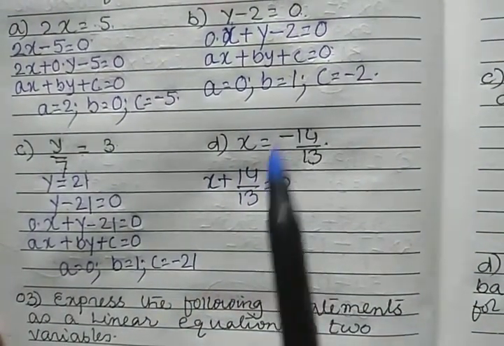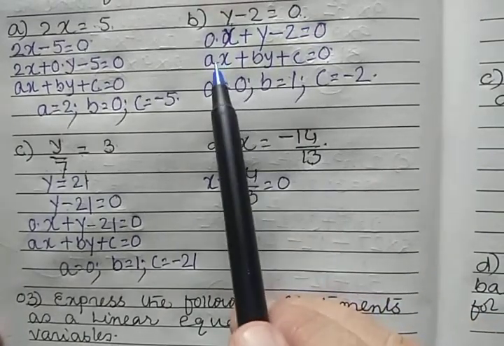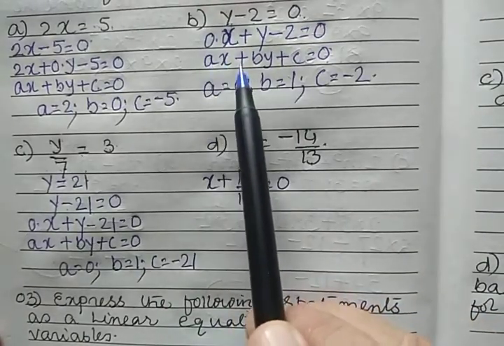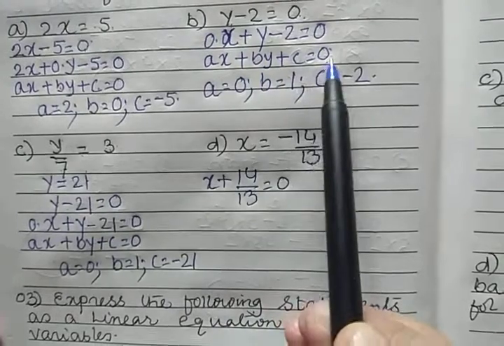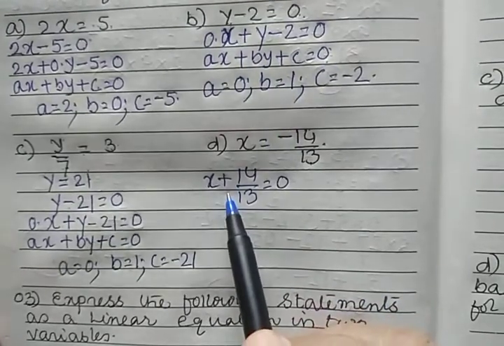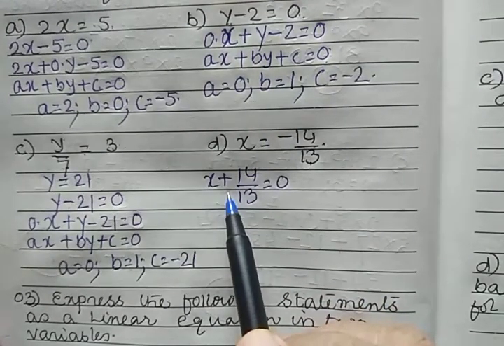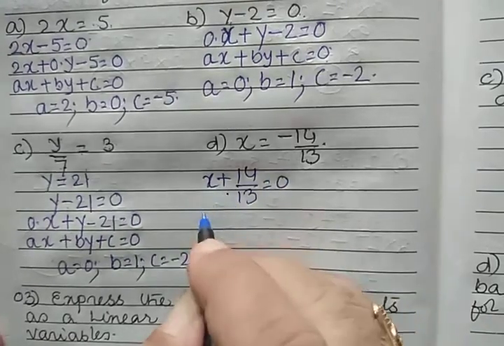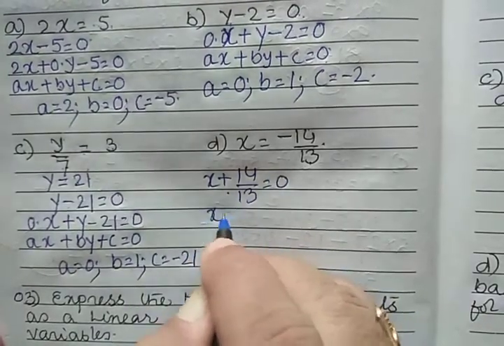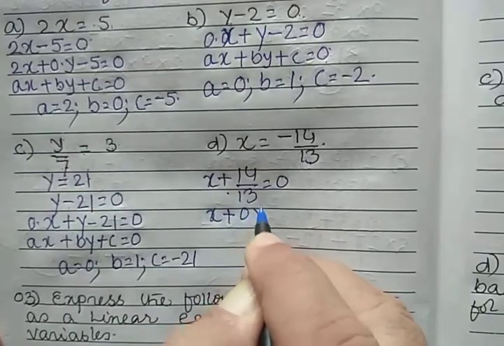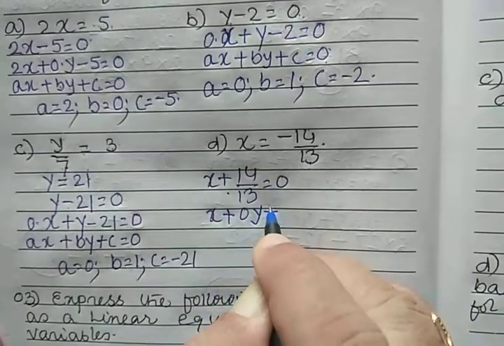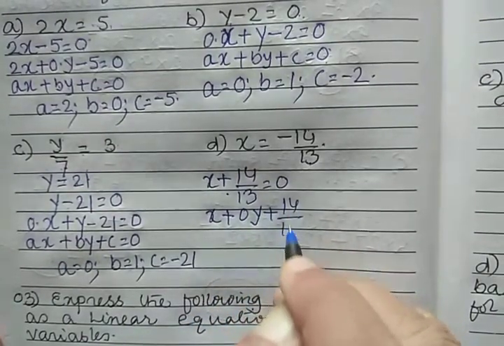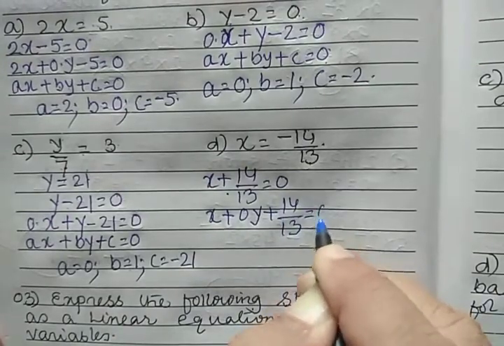When you compare this with your standard form, ax plus by plus c is equal to 0, you find the y term is missing. So you can add 0y. So let us write x plus 0y plus 14 by 13 is equal to 0.